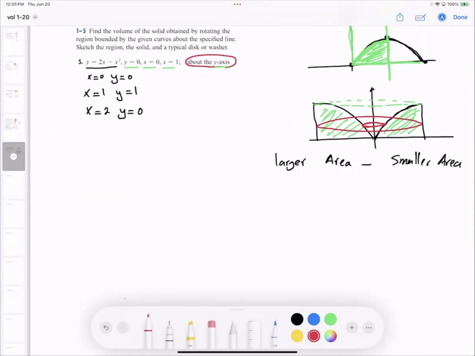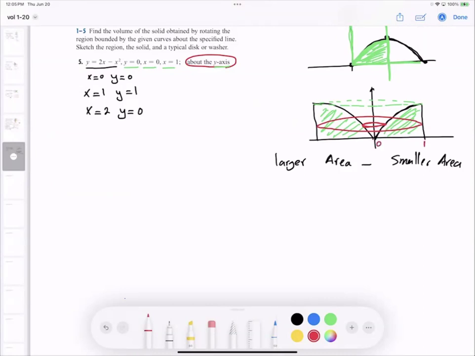But the larger area, if you forget about this curve down here, if you forget about your parabola, the larger area is basically here between 0 to 1.